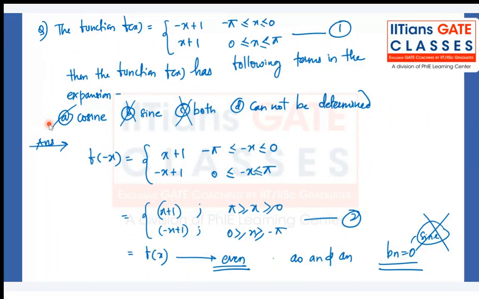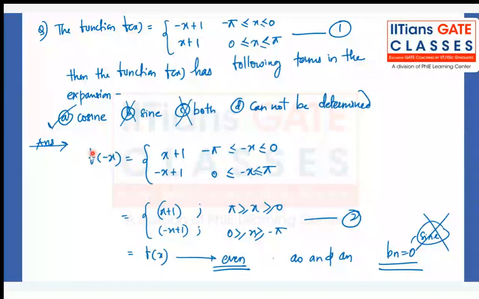We are checking whether the given function is even or odd. If the function is even, you know, in the Fourier series, a0 and an are non-zero and bn is 0. And if the function is odd, a0 and an are 0 and bn is non-zero. So it is very easy for us to conclude whether sine or cosine terms are present or not.